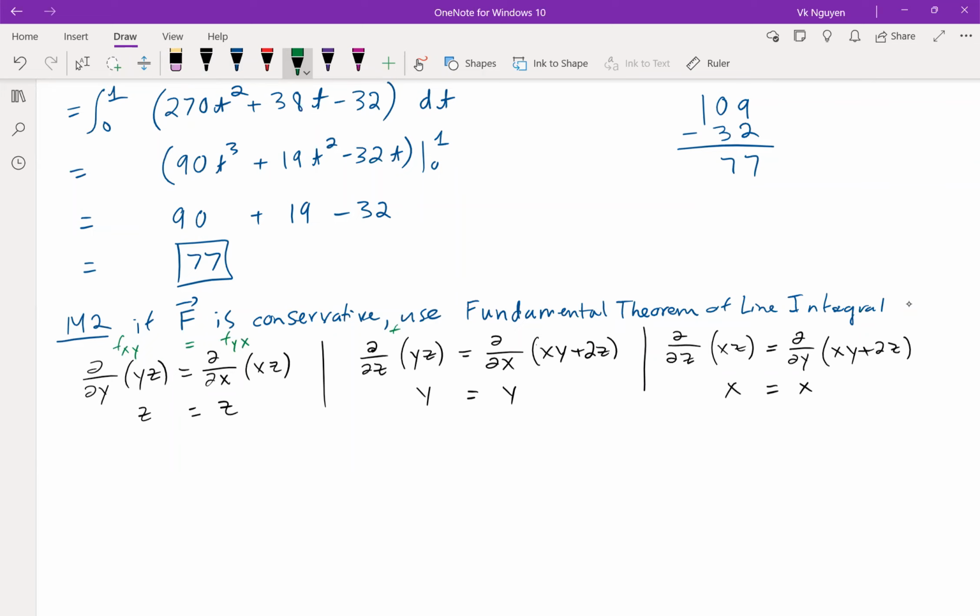And this f_xz, I want to show that it is equal to f_zx. This f_yz, and I want to show that it's equal to f_zy. Right? And they should be the same in order for F to be conservative.